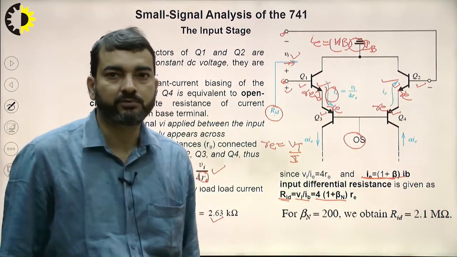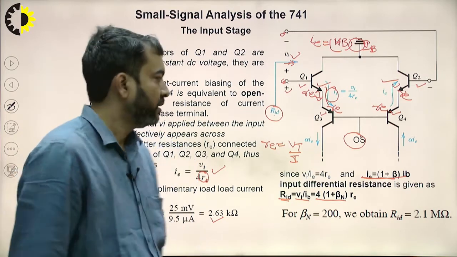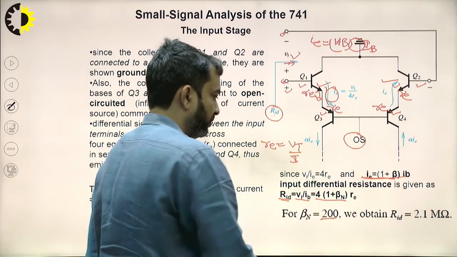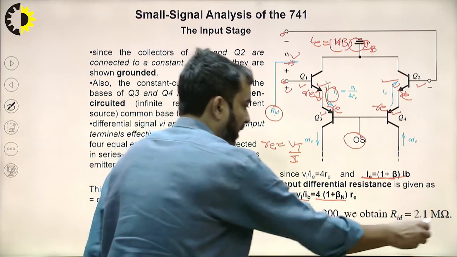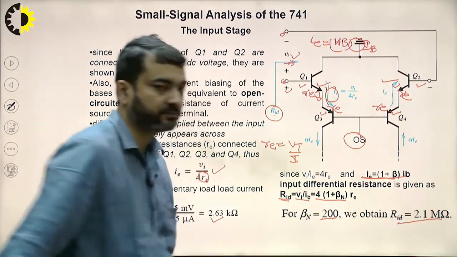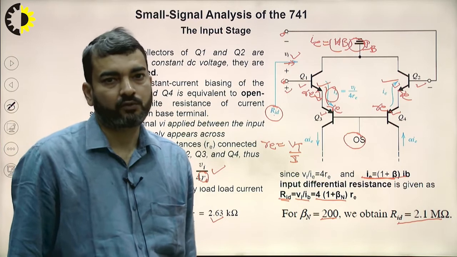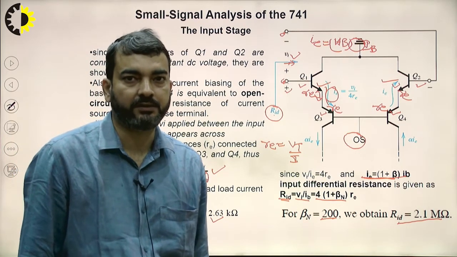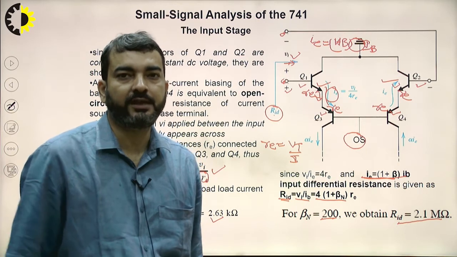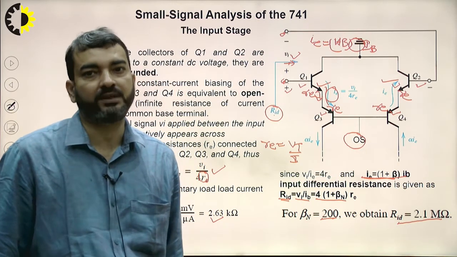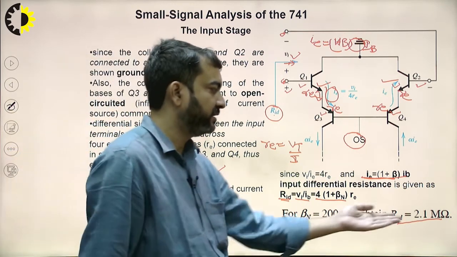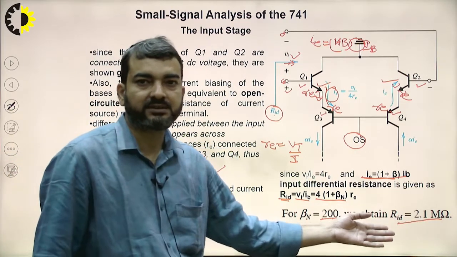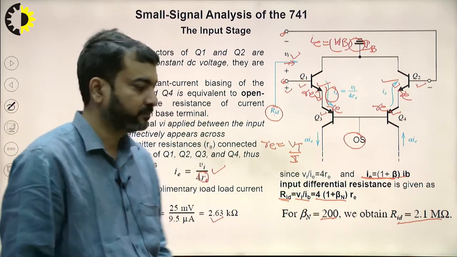Both are assumed to be equal. If we put the value of beta n as 200, which we have already mentioned, RID, the input impedance, will be 2.1 mega ohms. So it is quite high. As we have seen, the input impedance of an op-amp should be infinite, so this is a very high resistance, which is the input impedance of the op-amp.